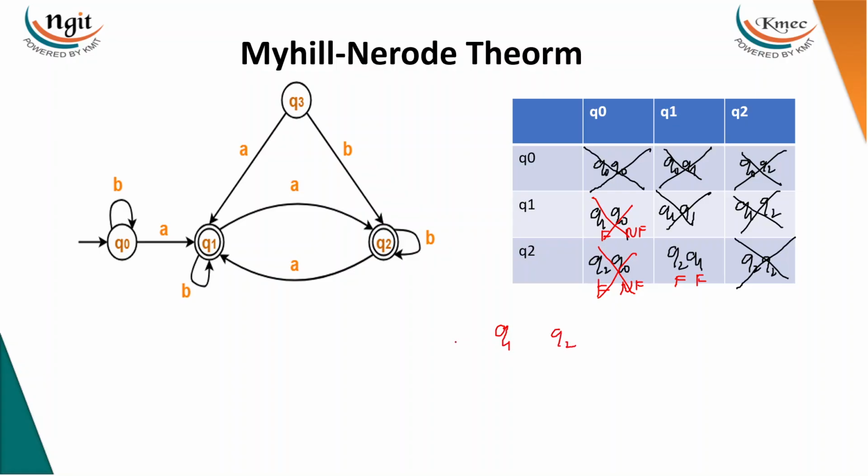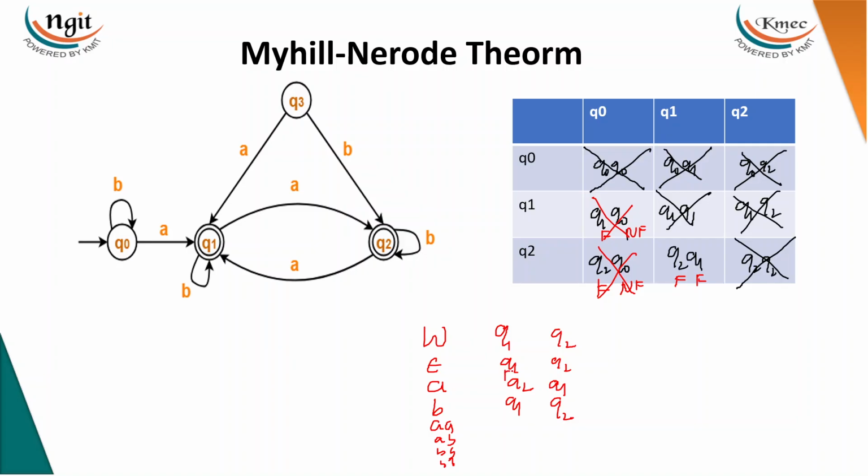For string epsilon, Q1 and Q2 both are final. On A, Q1 goes to Q2 and Q2 goes to Q1, no problem. Both are final. On B, Q1 goes to Q1, Q2 goes to Q2, no problem. Like you check AA, AB, BA, BB, anyway you'll get the same, final and final.